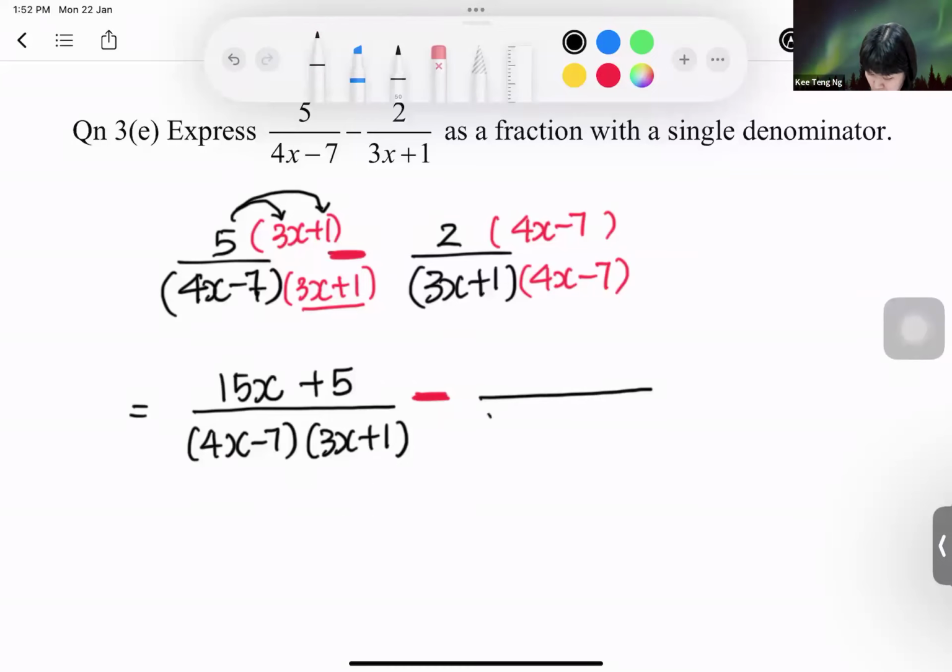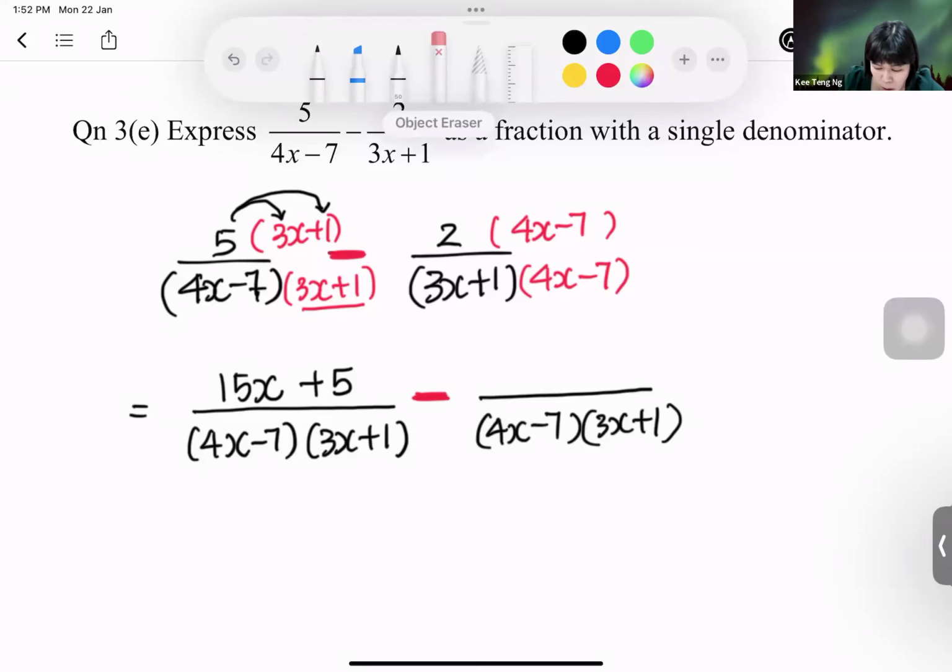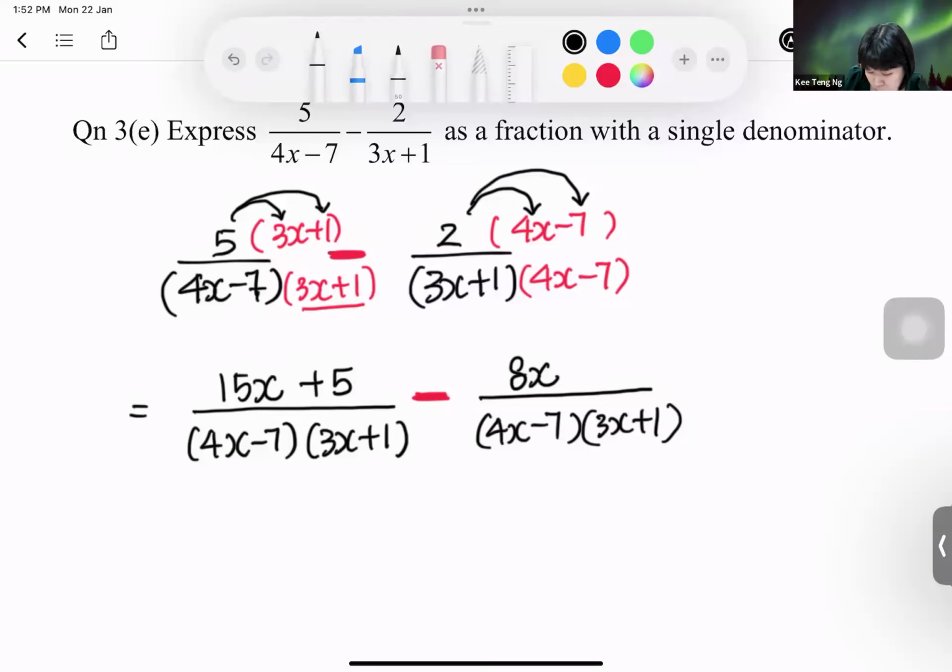And this is going to be the same denominator. I'm going to rearrange it such that it's the same denominator in the same order. But now I'm going to multiply this 2 to 4, that's 8x. 2 multiplied to 7, that's 14.